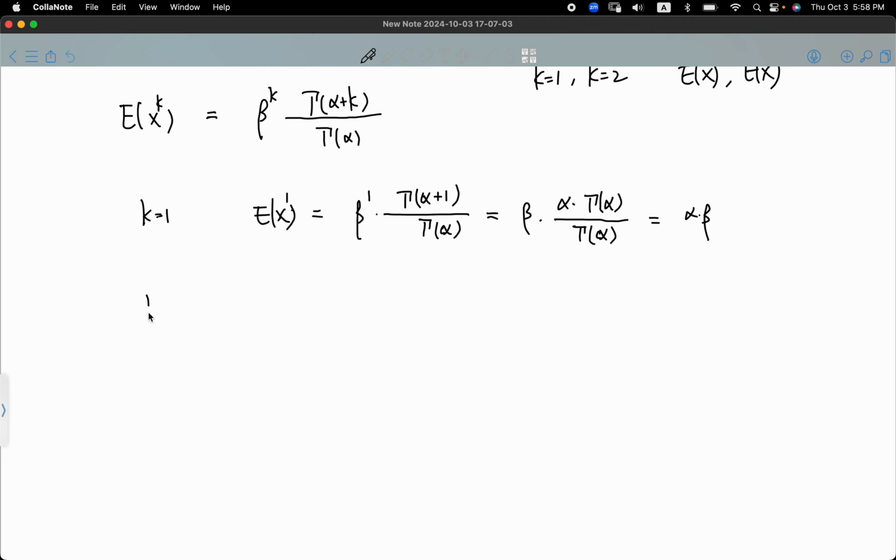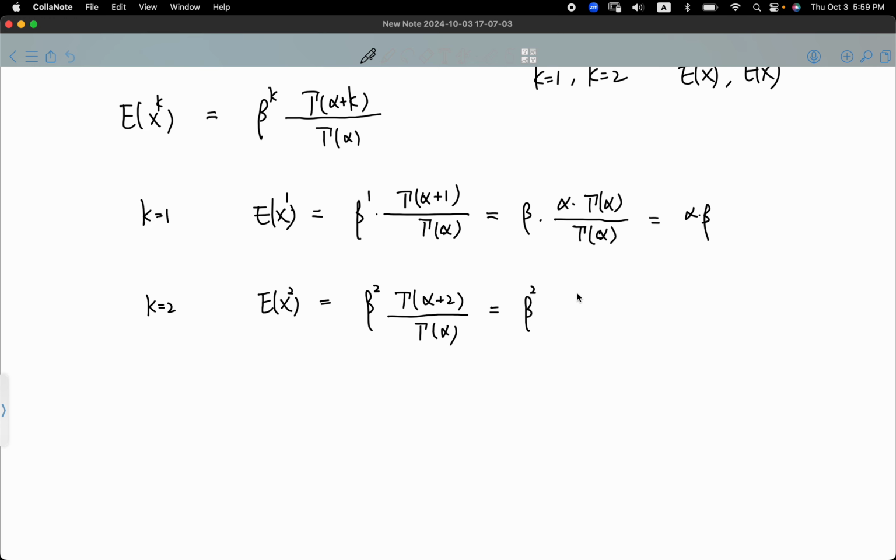Then for the k equal to 2 case, we will have the expected value of X raised to the power of 2. Now let's plug in k equal to 2 in this expression. We will have beta raised to the power of 2, gamma function of alpha plus 2, and then gamma of alpha in the denominator. So we can again apply the same property here.